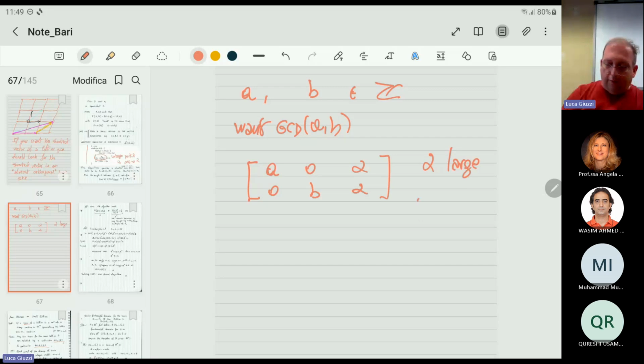Let's say alpha larger than 10 to the fifth times max of A and B, something like that. So a very large lambda.